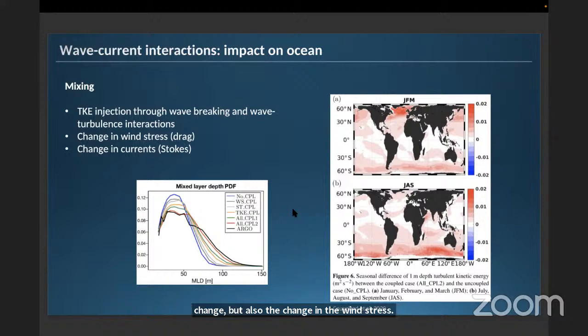We will see that a bit later, but the waves will change the wind stress, and the currents, obviously. So we can see that when we take into account all of the wave-induced interaction, which is the red line, it's much closer to observation than if we don't, which was the blue line when we include nothing.